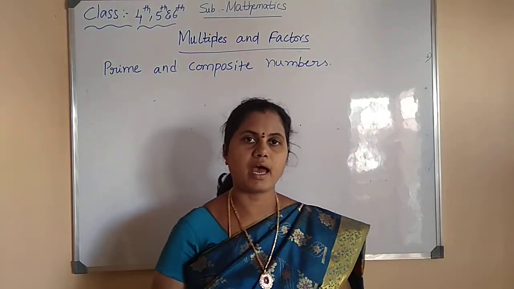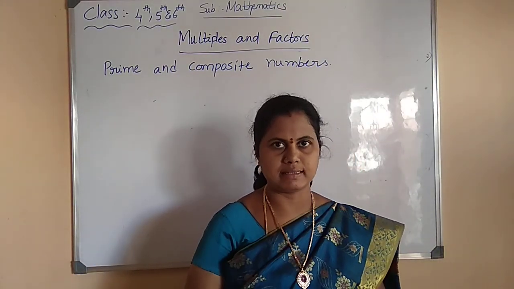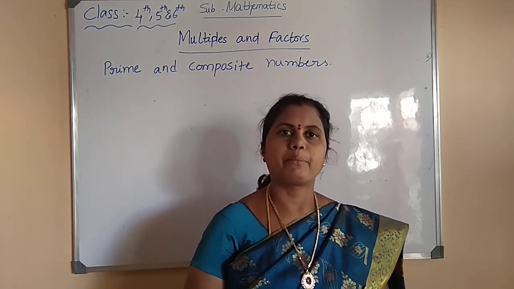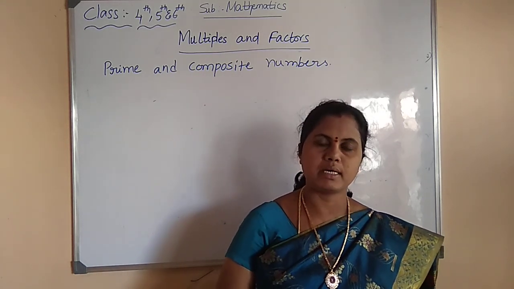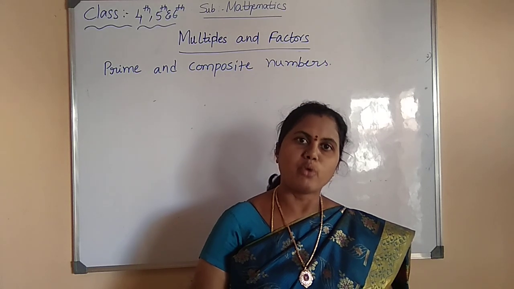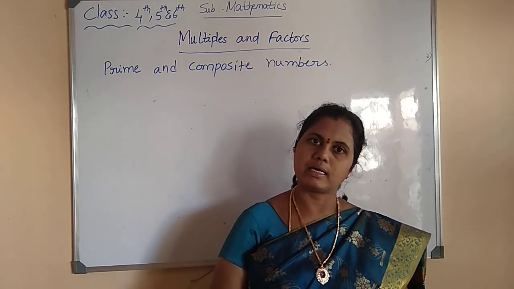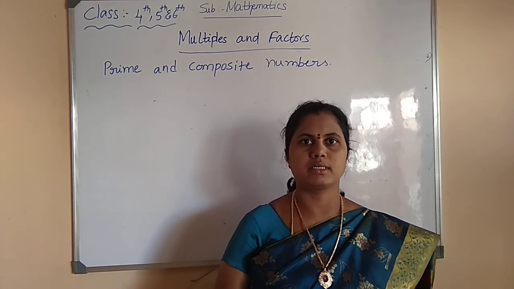Numbers that have only 2 factors are called prime numbers. Numbers that have more than 2 factors are called composite numbers.